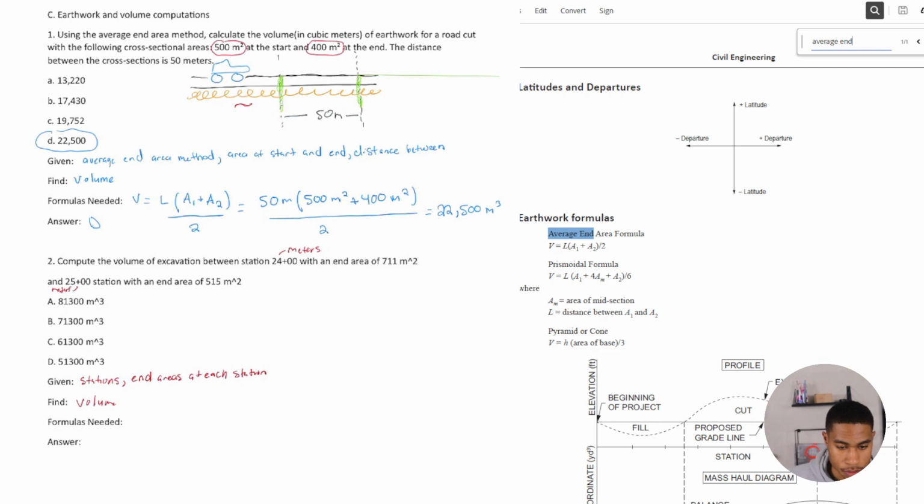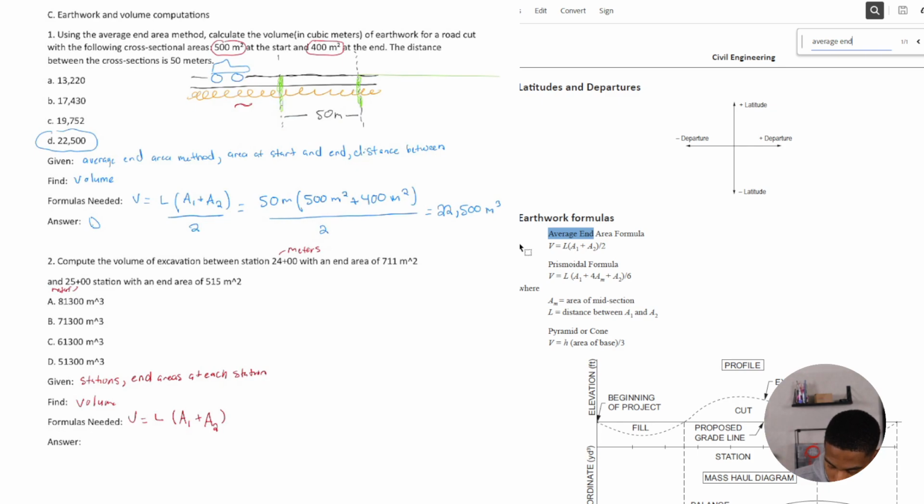We're going to do pretty much the same thing that we did in number 1, so we'll use V equal to L times (A1 plus A2) over 2.